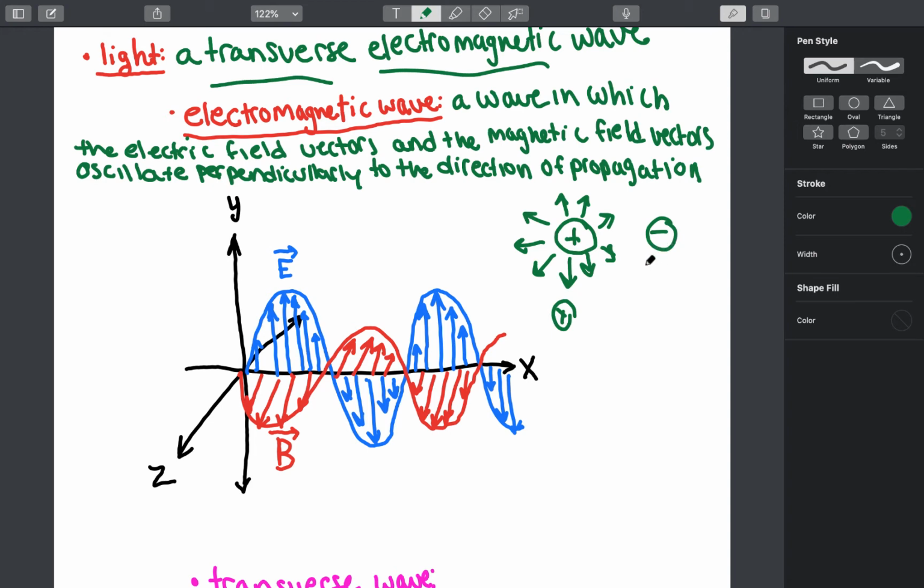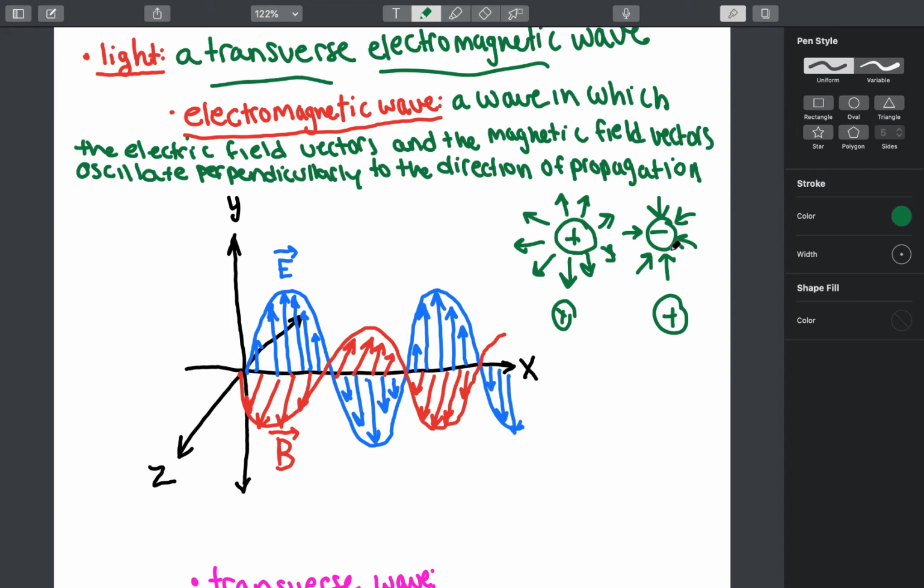Now, electrons have the opposite electric field. The electric field lines point inward for electrons, because if you have a positive charge near the negative charge, the positive charge is drawn towards that negative charge. So that's the basic idea of electric field.